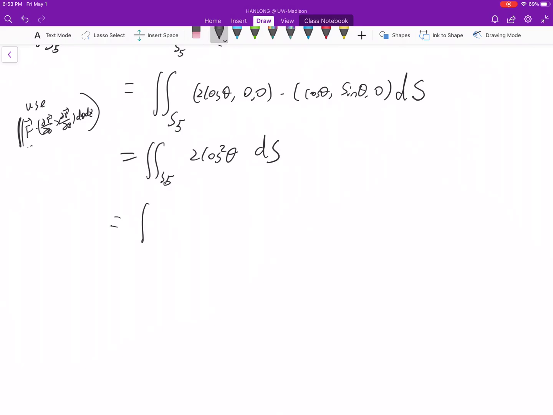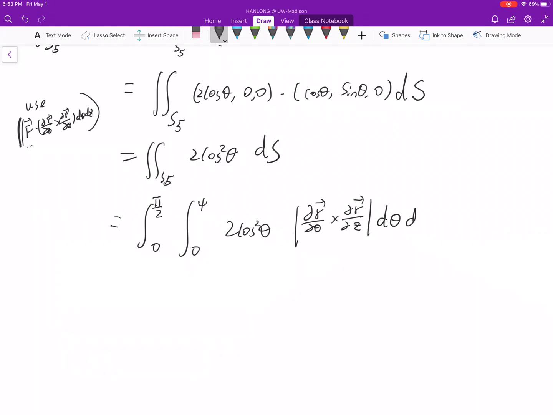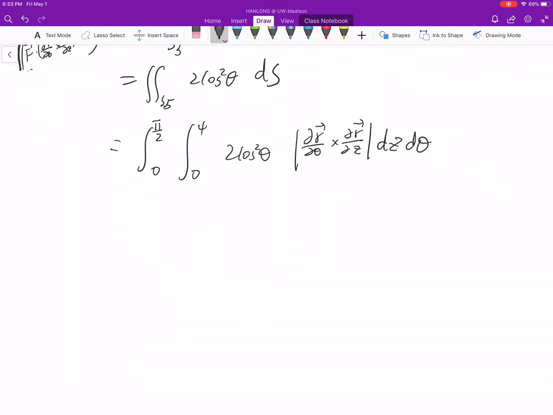So this will be, we use the surface integral of first kind. So theta is from 0 to pi over 2, and z is from 0 to 4, 2 cosine squared, and then you have this Jacobian kind of stuff, dz d theta. And this is 2, which we already computed. So here finally you have the integral from 0 to pi over 2, from 0 to 4, of 4 cosine squared theta dz d theta.